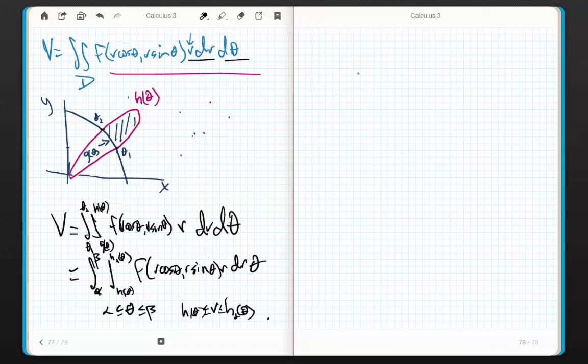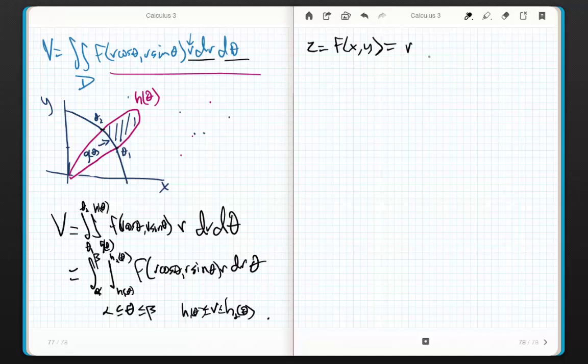So if I let z equal f of x, y equal xy plus 1, same thing I was dealing with before, just one quick example.